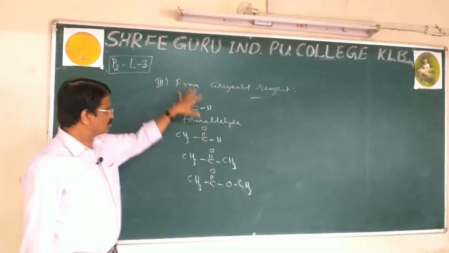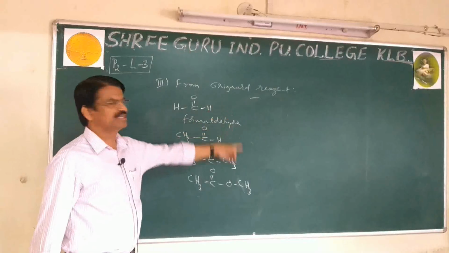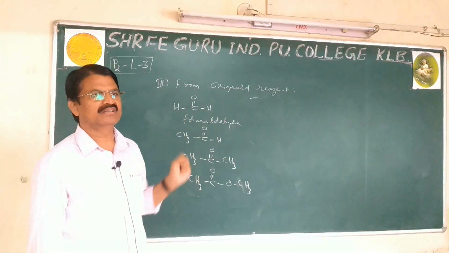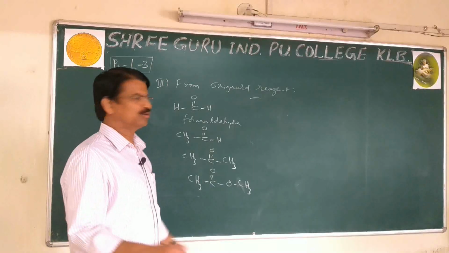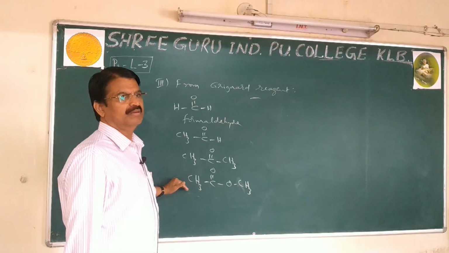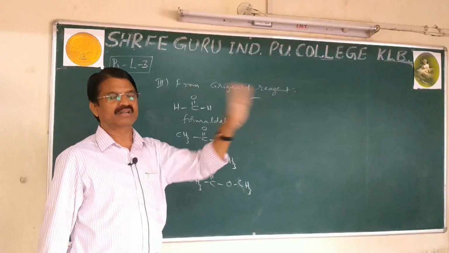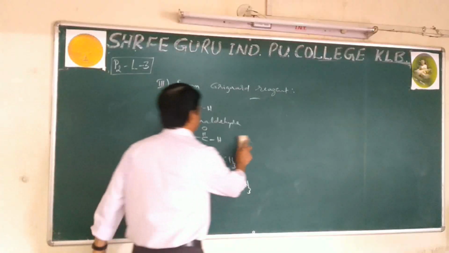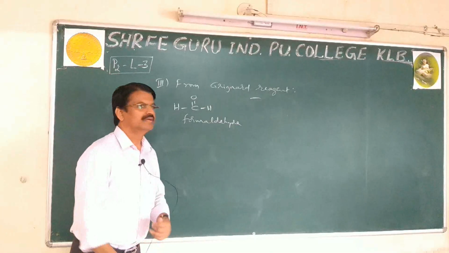Now we will use such molecules to prepare alcohol by using Grignard reagent. Means how RMgX can add on these types of compounds, maybe formaldehyde, aldehyde, ketone and ester. All these compounds can give only alcohols. The final product formed is alcohol. Now first we consider formaldehyde.